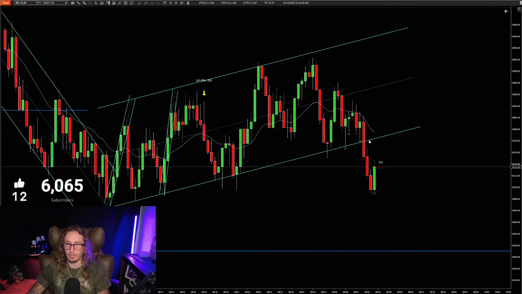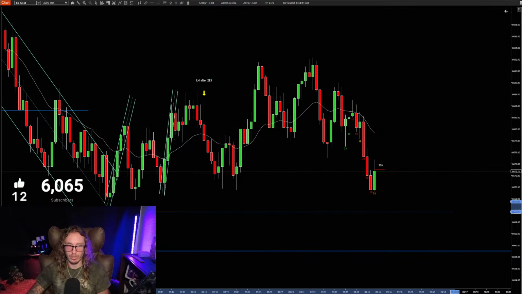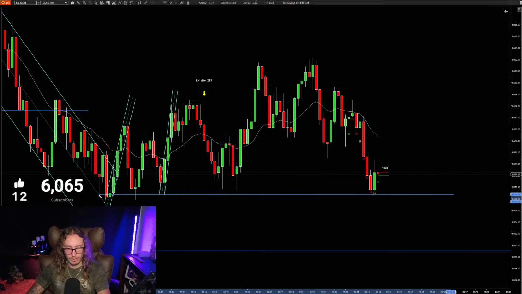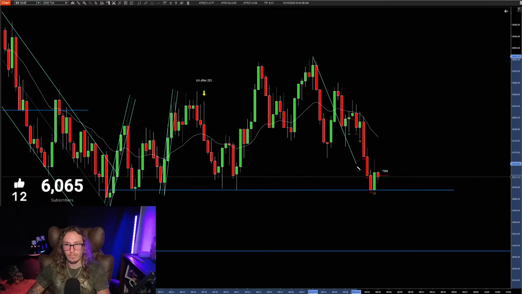Doesn't look like this channel is going to come into play. I thought it was, but turns out it is not. So what we're going to do is draw a line off of these lows. See if it's lining up. It's lining up pretty decent right there. This is like a little breakout of it, but you could see us bouncing off that level. So let's see if we could smack through. Whoops. There was a down channel here, by the way.